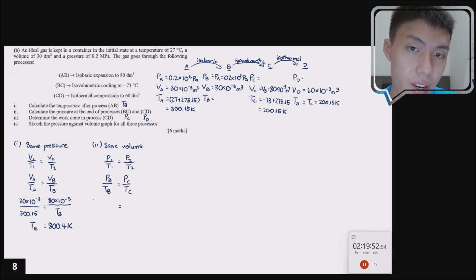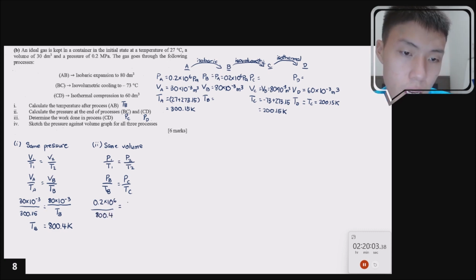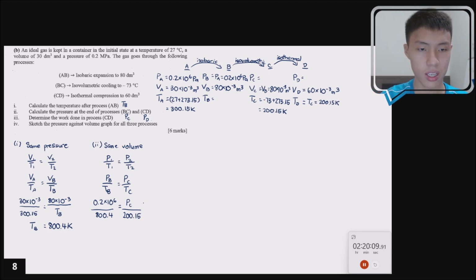Put in the values: this one is 0.2 times 10 to the power of 6 Pascal, the temperature is what we got from question 1, 800.4, PC is what we want to find, and the temperature given is 200.15. Again we calculate.